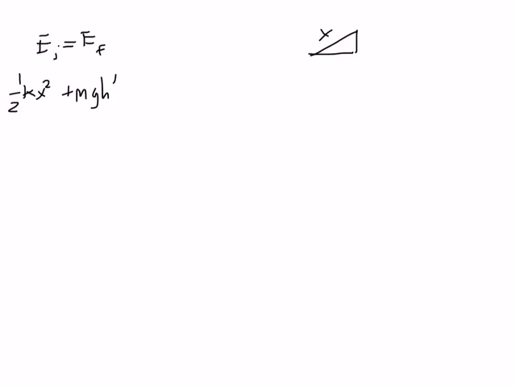This is how much we stretch the spring. This one, let's call it y, because it's a vertical thing. And this is theta, that same theta that's in the picture. If we know how far we stretch the spring, and we want to figure out y, there's a relationship between those three variables.